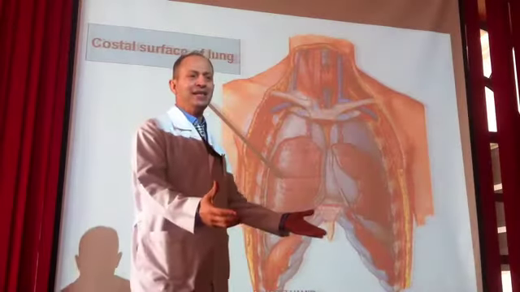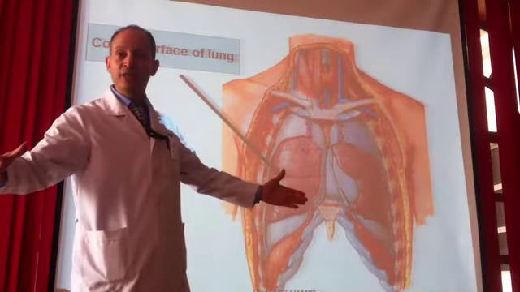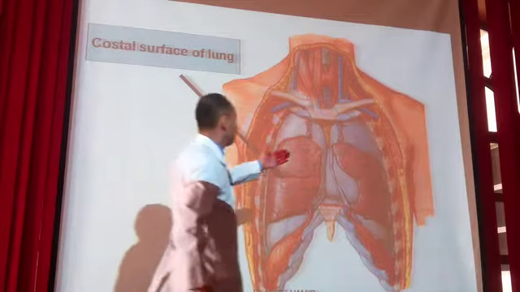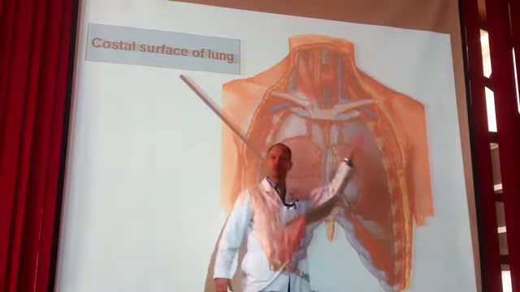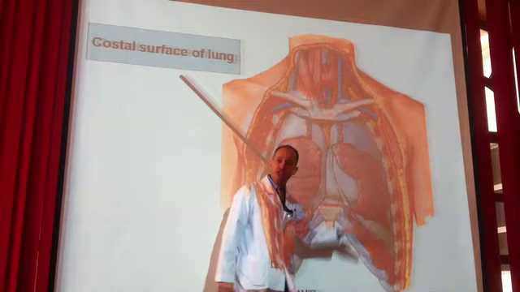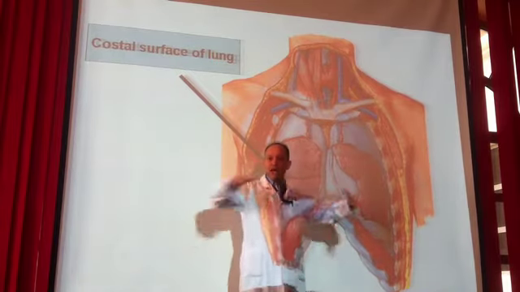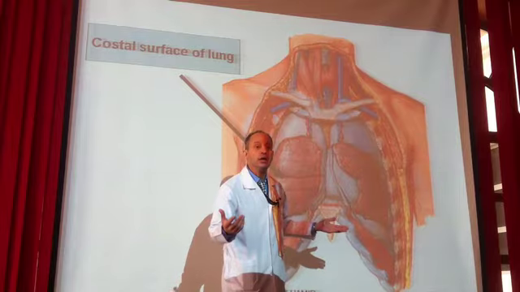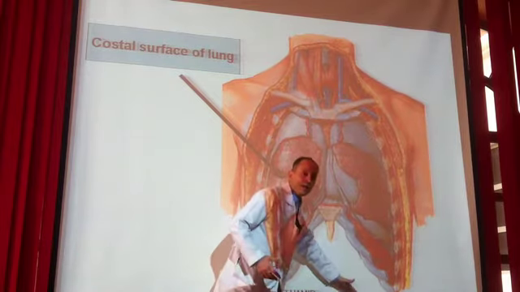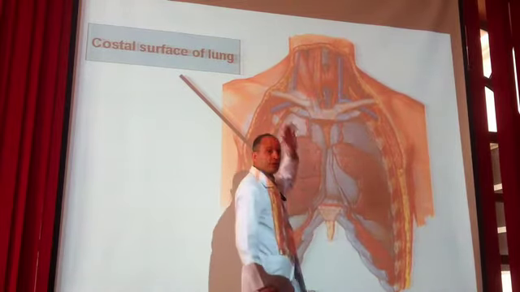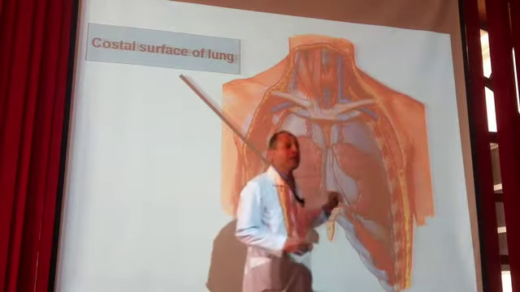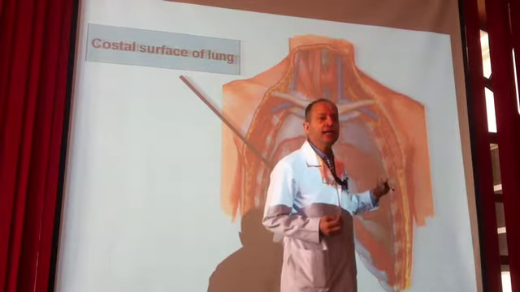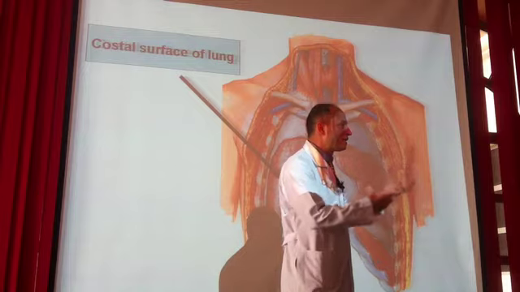So actually, the barrel-shaped thoracic cage, which is formed by sternum anteriorly, and vertebral column posteriorly, and the ribs on either side, has two openings. One lower and one upper. These openings are named inlet and outlet.